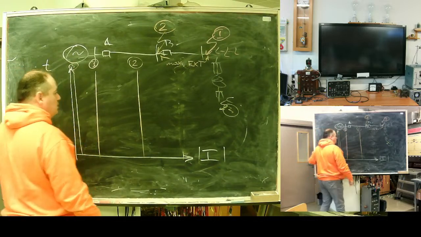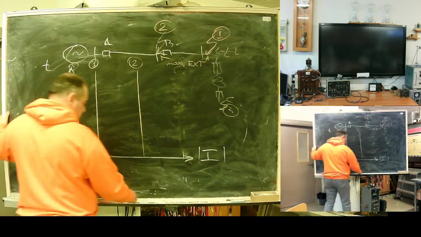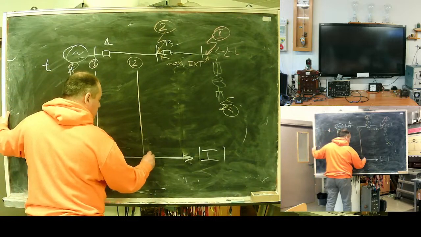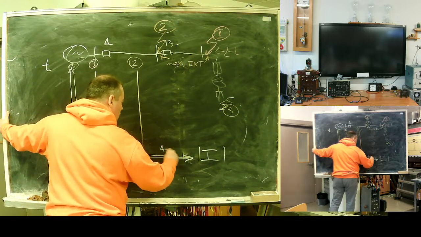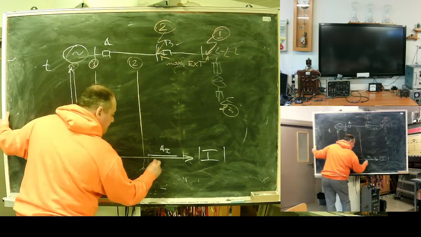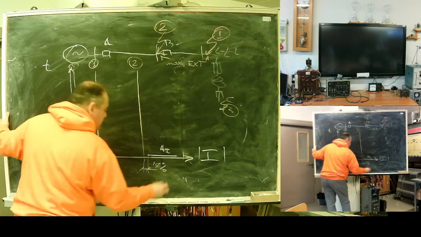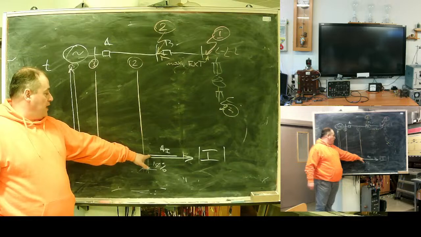Sorry. It's stupid. Okay. When protection A trips instantly, A1. What's the gap here? 10%. This one is the trip current for A.